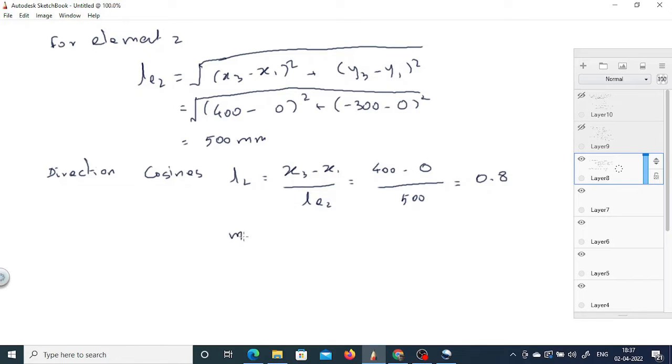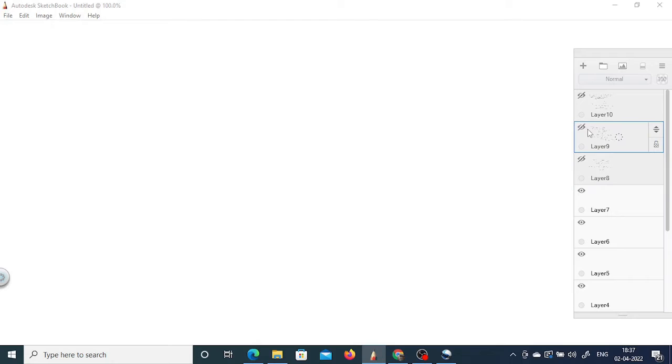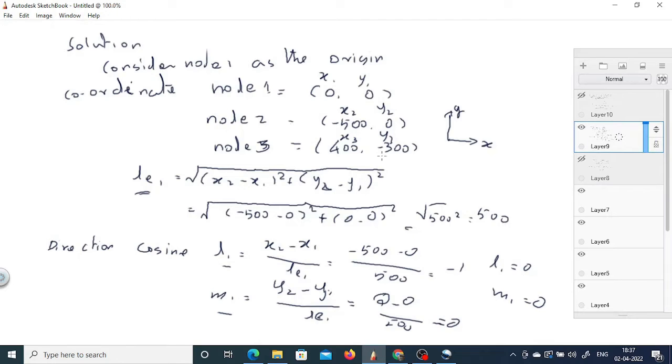And then we can identify the other direction cosine for element 2. M2 is equal to y3 minus y1 divided by Le2, which is the formula. Here, what is y3? In our previous slide, y3 is minus 300 and y1 is 0.